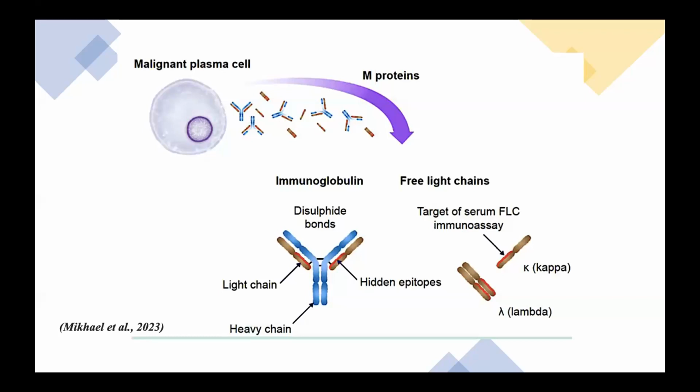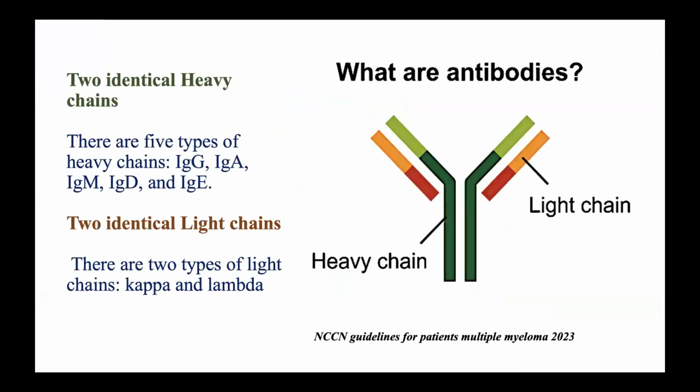There's an illustration here of an immunoglobulin, which is also called an antibody. The unique thing about it, it has the heavy chain and the light chain. This specific molecule takes part in the pathogenesis of multiple myeloma, in that the malignant monoclonal plasma cell may end up producing one specific type of either the immunoglobulins or free light chains in the system.